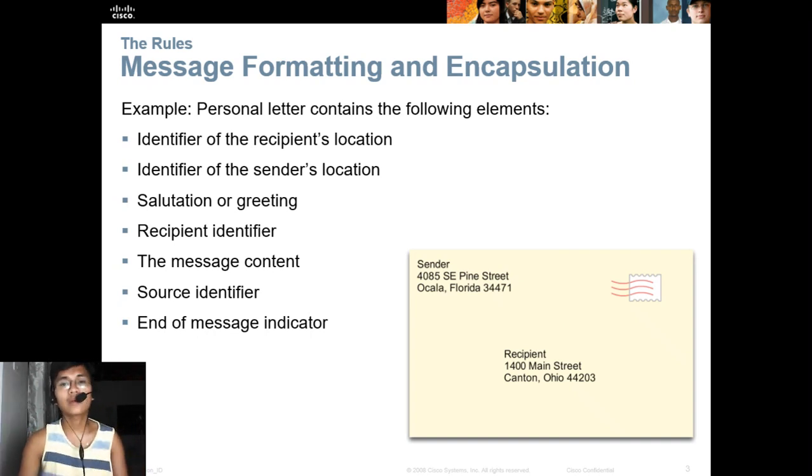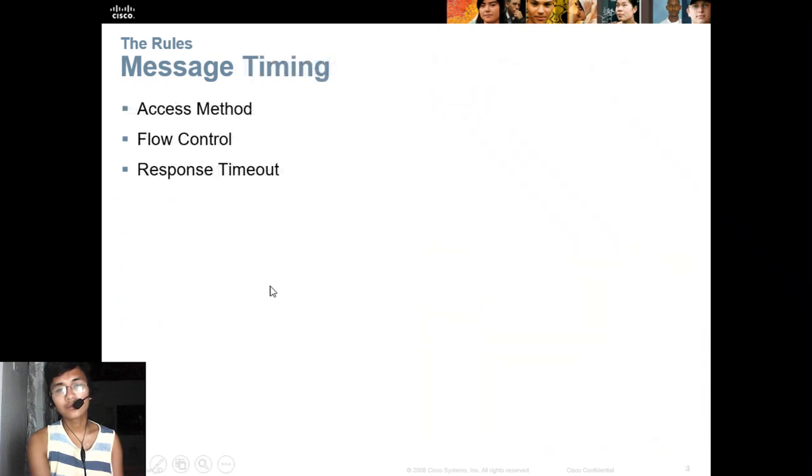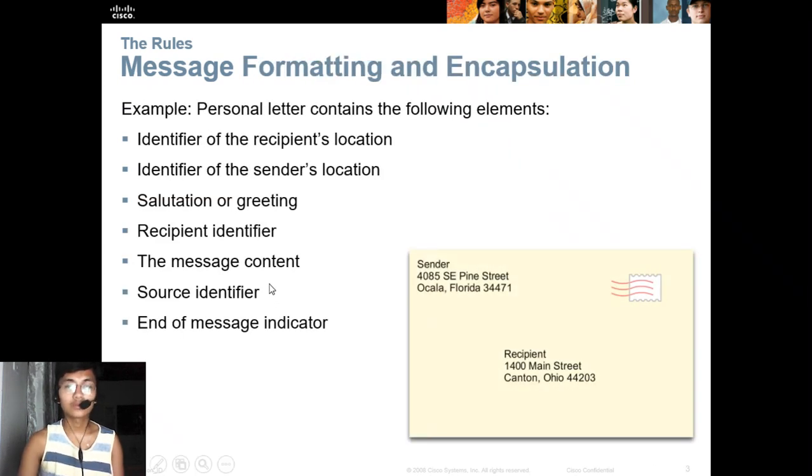Of course, in the picture here we only have the sender's location and also the recipient's location, and these next five bullets are contained inside the envelope, which is mainly the whole content of the letter that has been sent from the sender to the receiver.